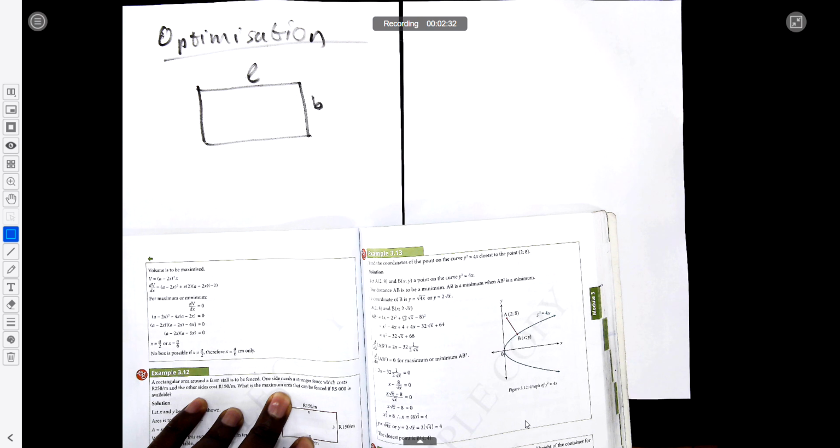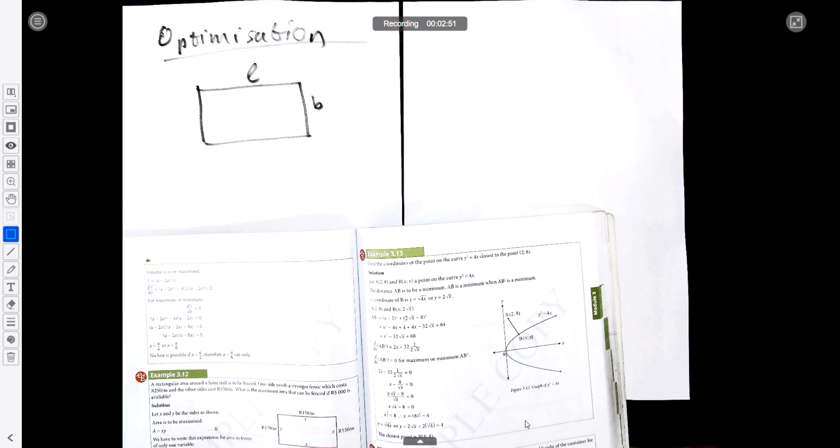So it says one side needs a stronger fence, which costs 250 rands per meter, and the other side costs 150 per meter. So we need to know what is the maximum area that can be fenced if 5,000 rand is available.